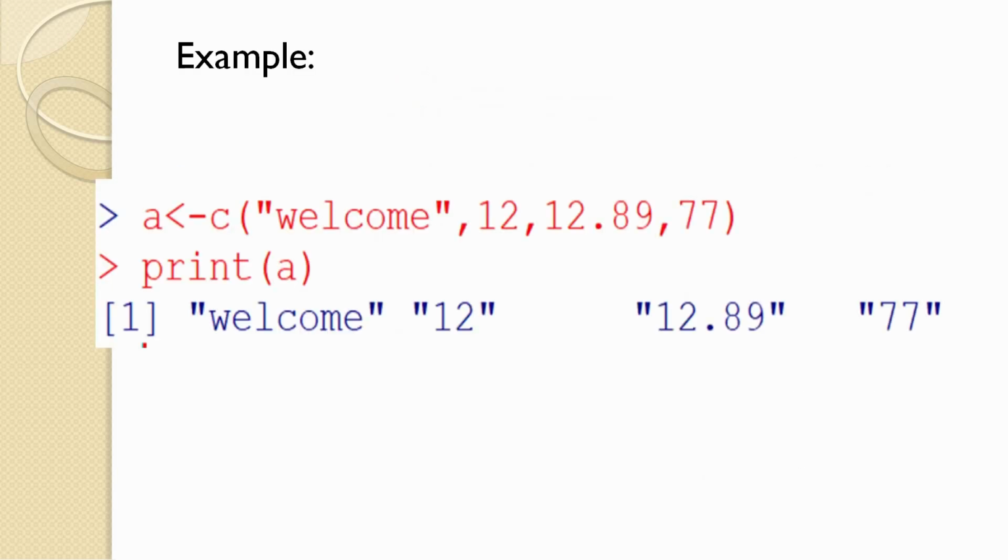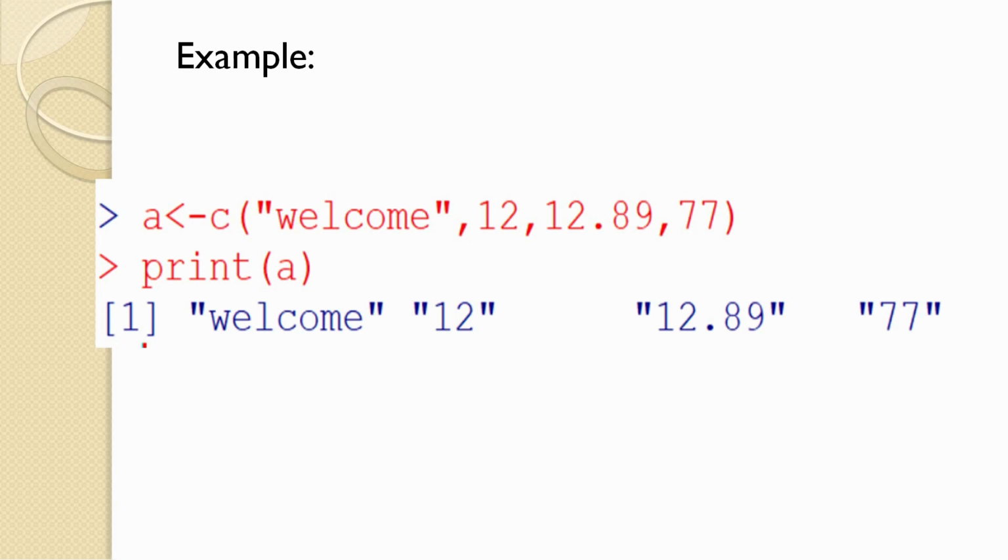In order to define a vector, we use the keyword c followed by parentheses. In between, we define the data elements. For example, a variable a is assigned with a vector in which the first one is a string element, the second one is an integer element, the third one is a decimal point or floating type element, and the fourth one is again an integer type element.